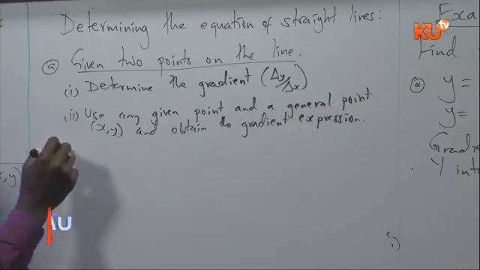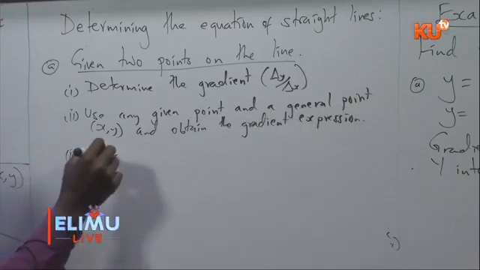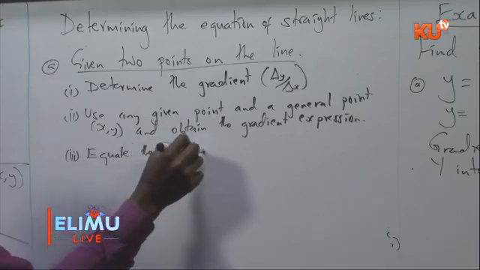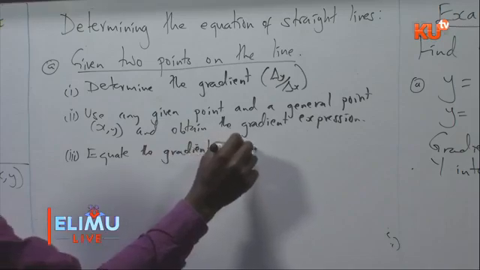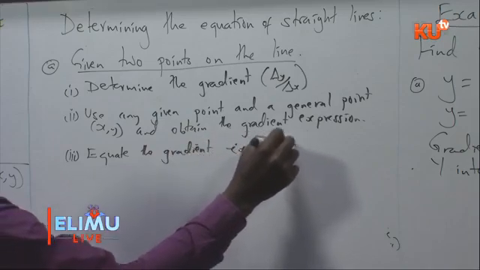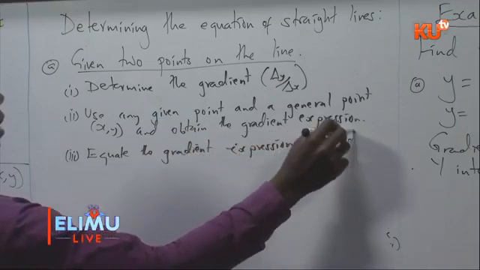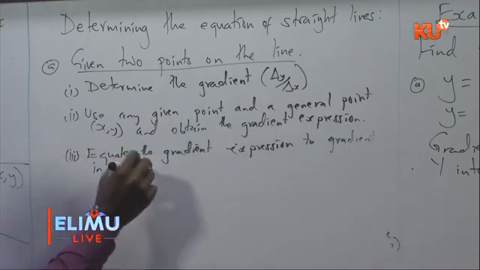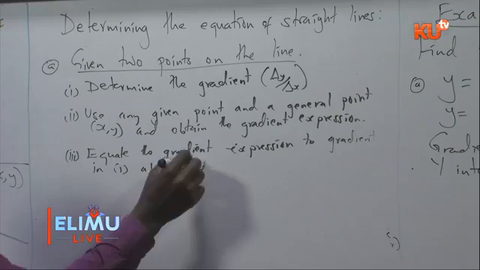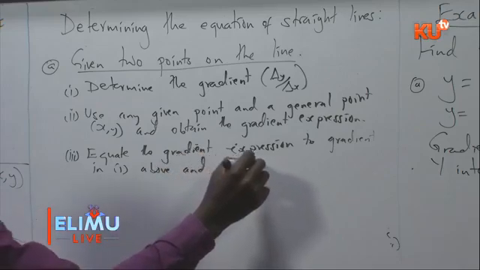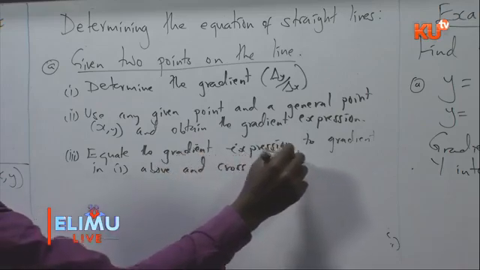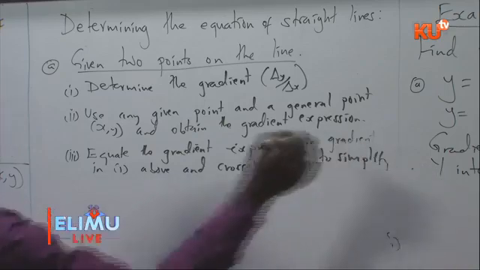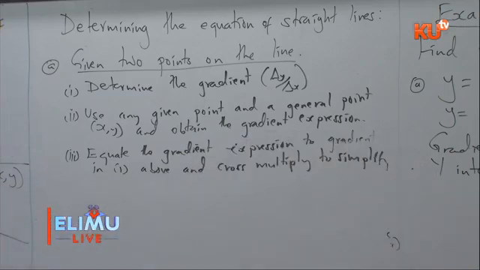And then number 3, you equate the gradient expression to the gradient in step one above, and cross multiply to simplify.